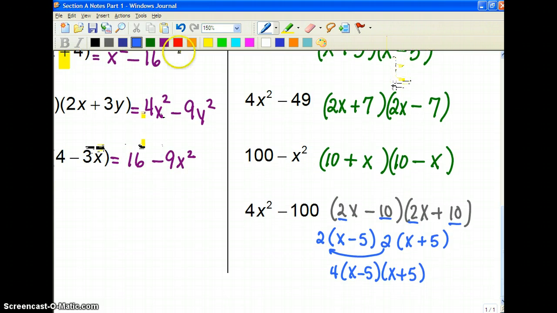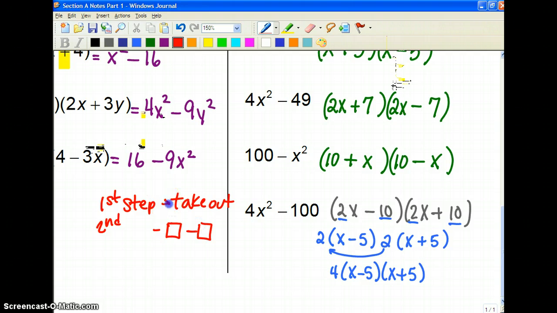It might be easier, however, if the first step is always take out the common factor. The second step will be, I like to draw the picture, a square minus a square. So that's our first step, and that's our second step. So you could see here 4 and 100, you could take the 4 out and get x squared minus 25.